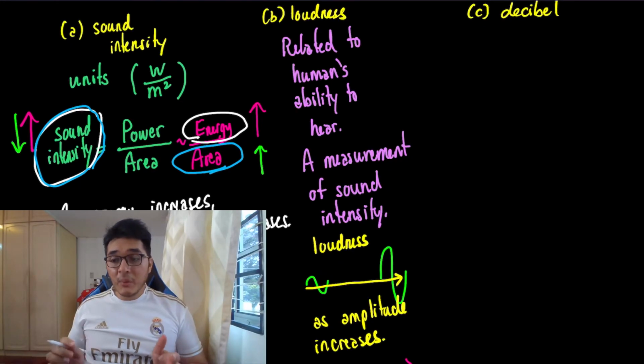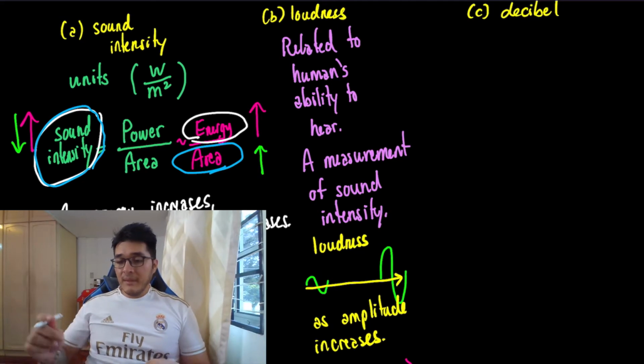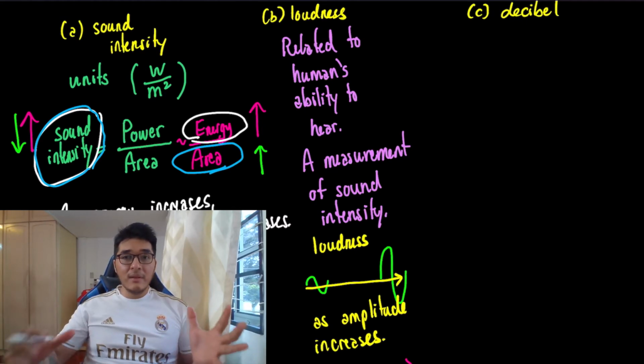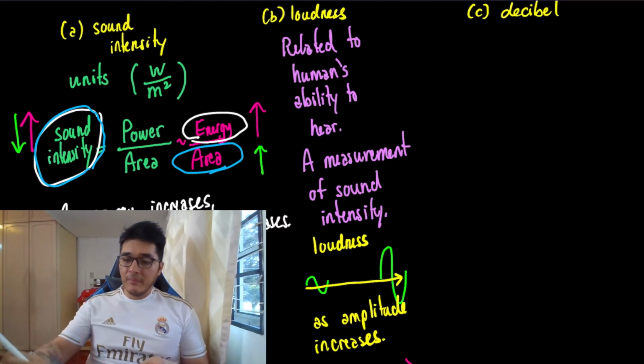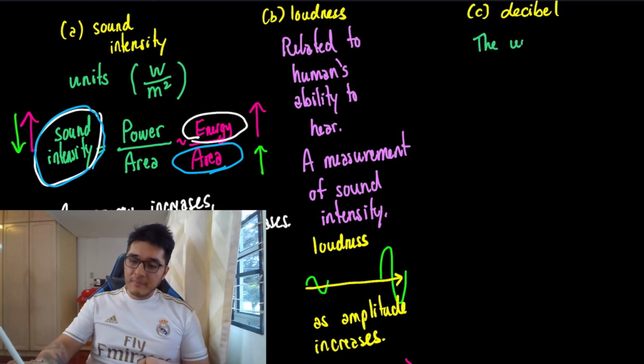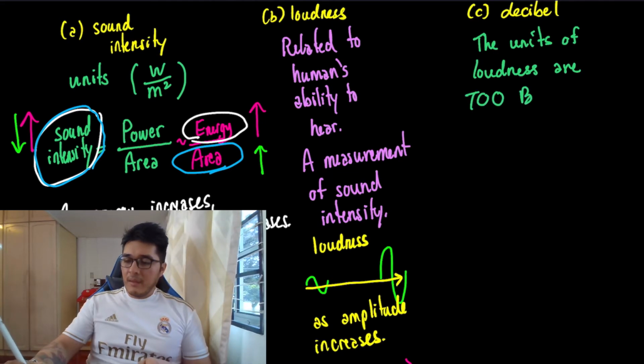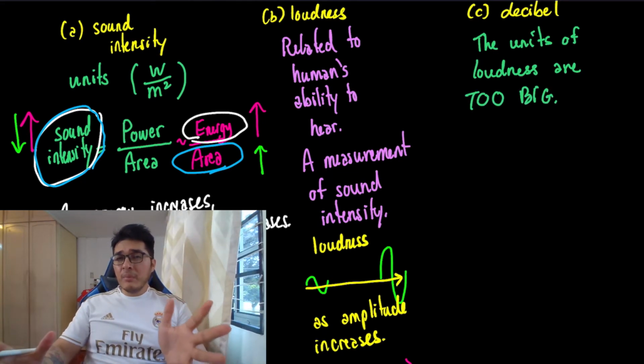Now the more tricky one is the decibel. Decibel was a unit that was derived because the units of loudness are too big. Because the numbers are too big to work with, we want to work with smaller numbers.